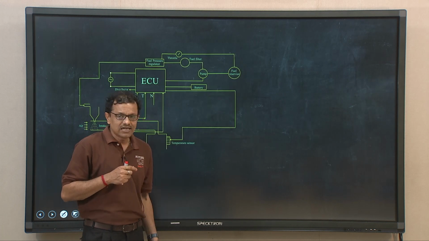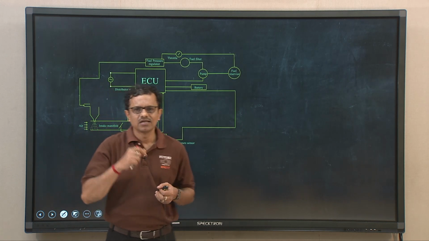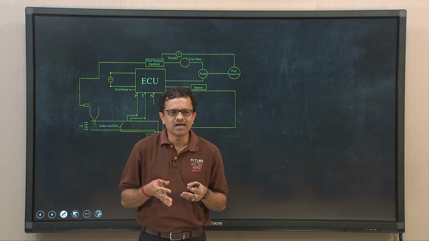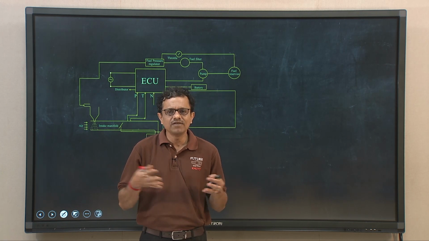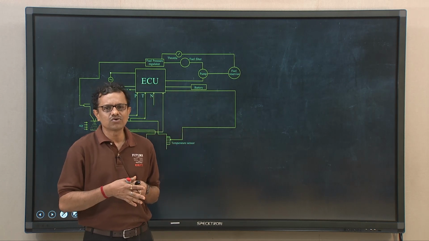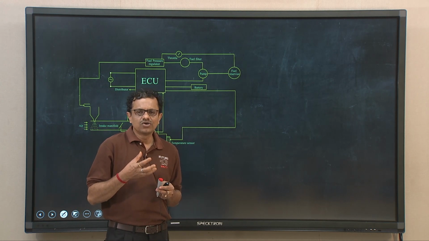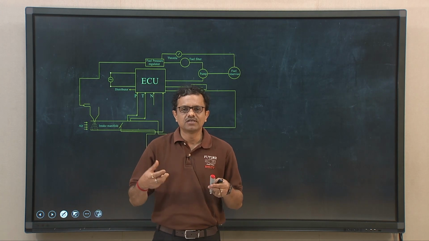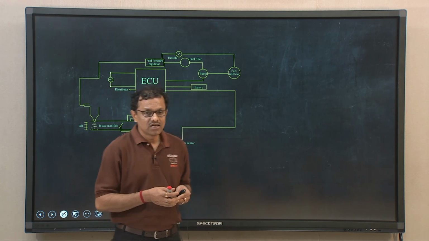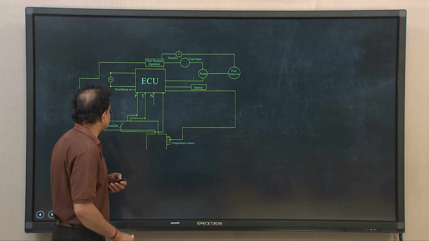So, with this, let us discuss a basic control unit. As I said, the ECU or engine management system has manifold applications, essentially to control fuel injection, spark advancement, emission, speed, and many more. Now, this is a basic schematic depiction.